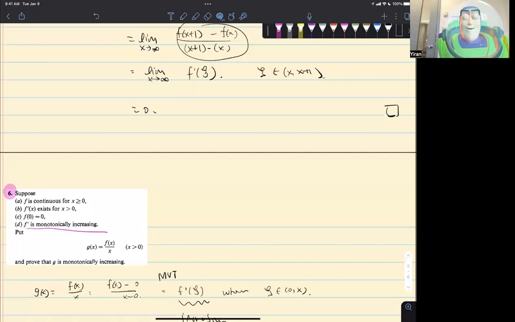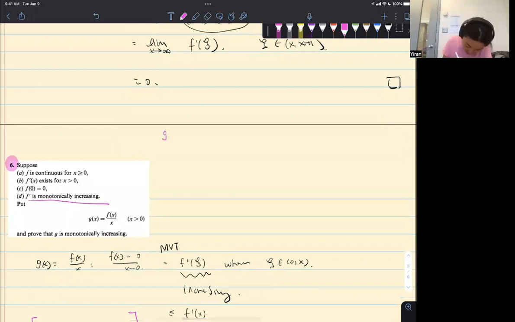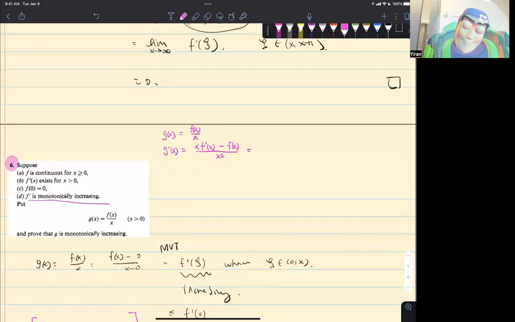Okay, I'm back. Let's work on number 6. I think I already stated the problem, so let's work on it. So I was on the right track. g(x) is equal to f(x) divided by x, and g prime of x is equal to x times f prime of x minus f(x) times 1, divided by x squared, which is equal to f prime of x minus f(x) divided by x, all divided by x, right?